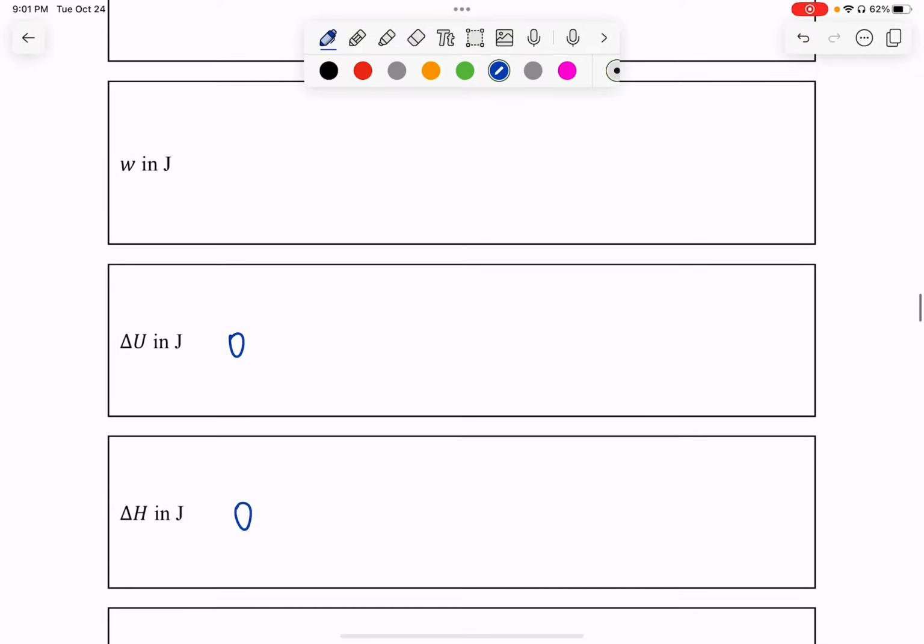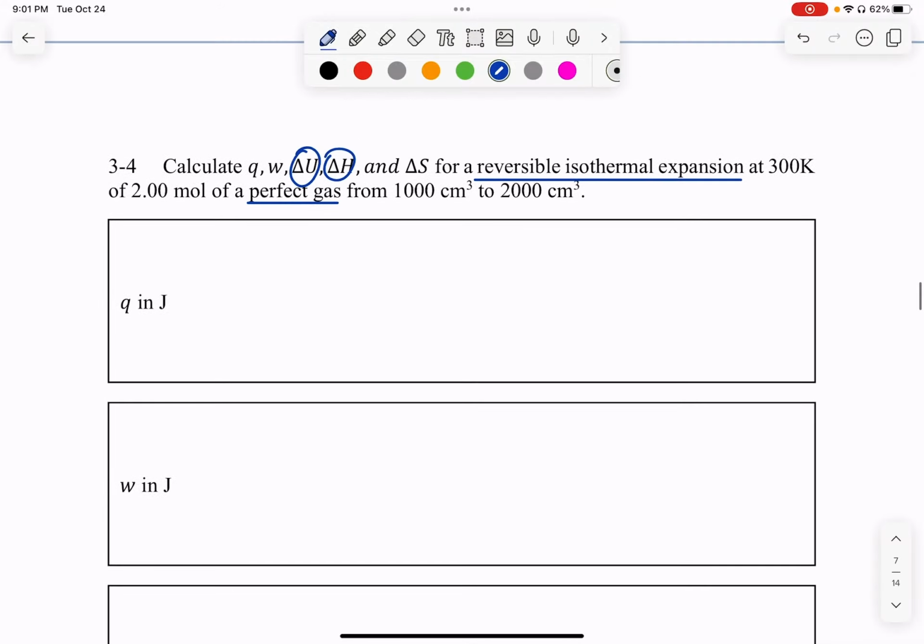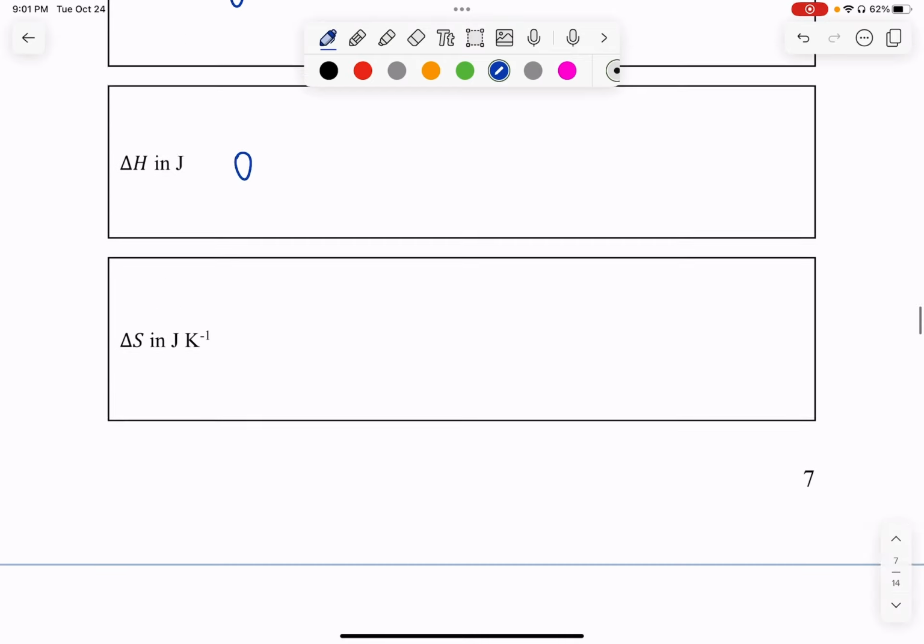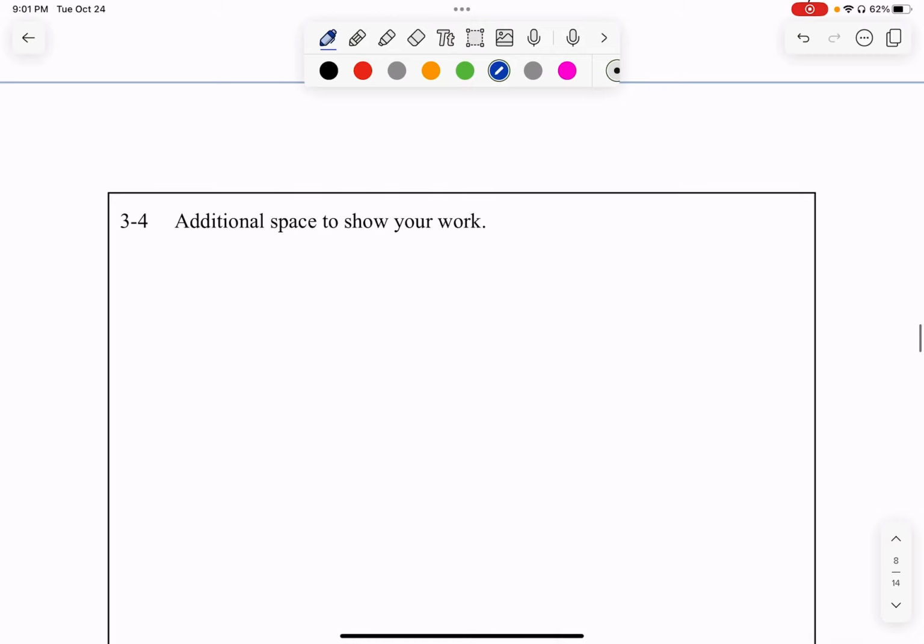So remember, for perfect gas, your internal energy and enthalpy are only dependent on temperature. So for a process where temperature is not changing, this term remains zero. Now for a reversible process, we can calculate the work that's being done by using negative PdV.